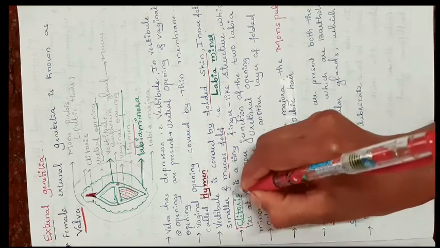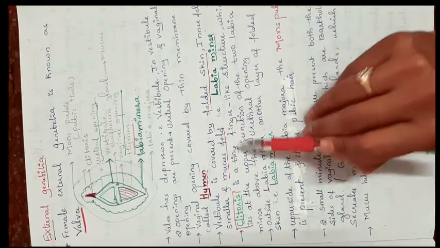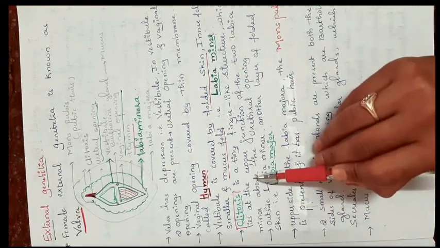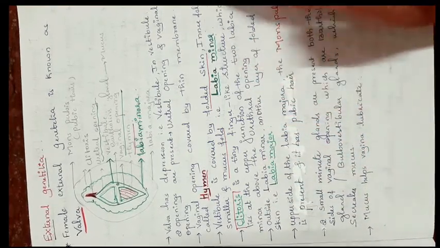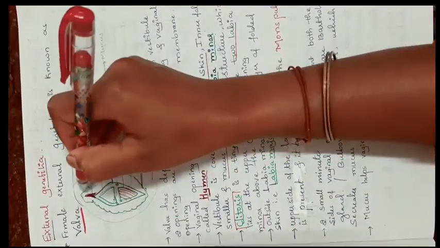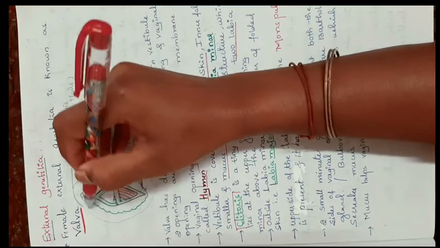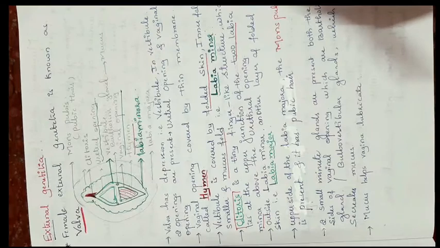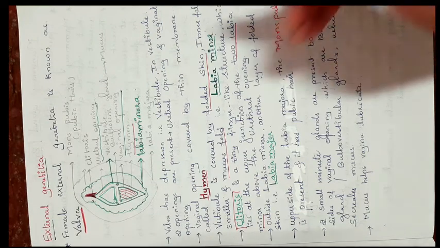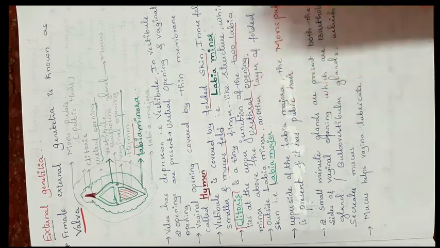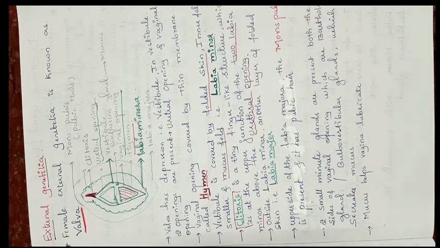Remember this: the clitoris is a tiny finger like structure which lies at the upper junction of the two labia minora, above the urethral opening.